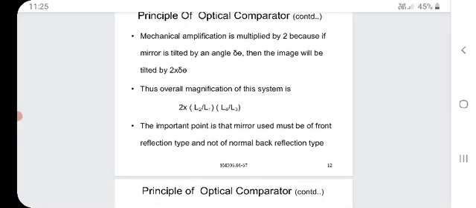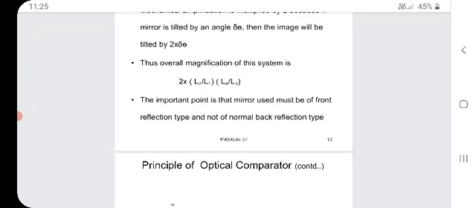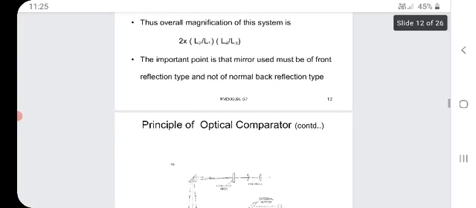Thus, overall magnification of the system is 2 into L2 by L1 into L4 by L3. The important point is that the mirror used must be of first surface reflection type and not of normal back reflection type.